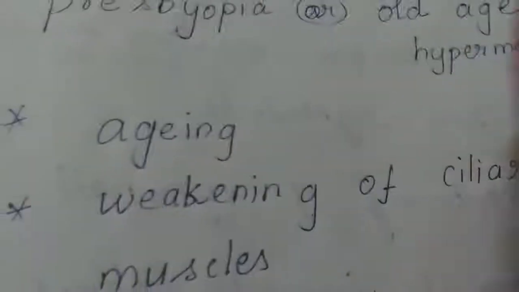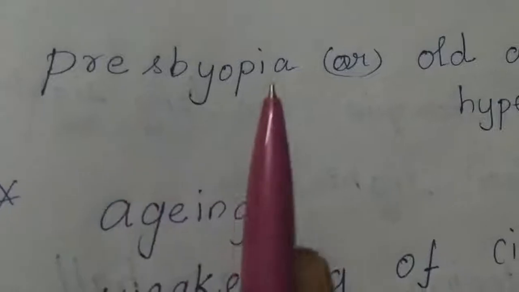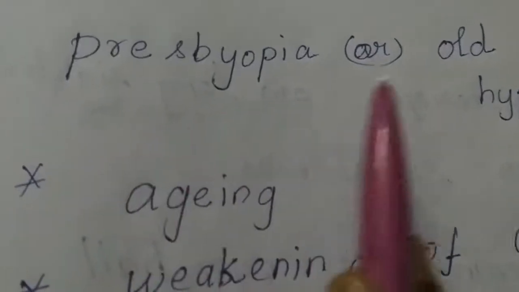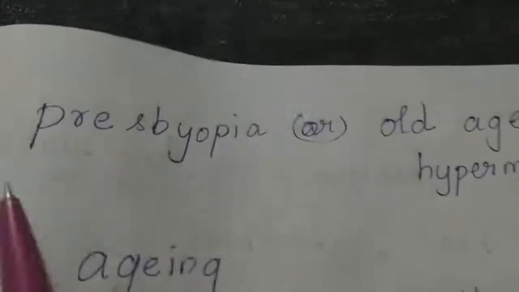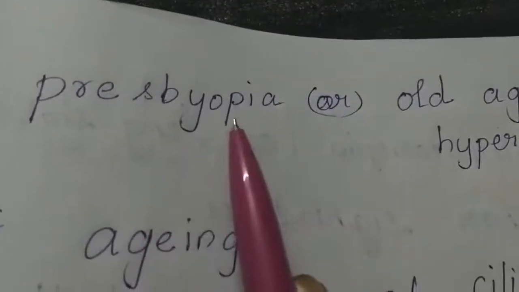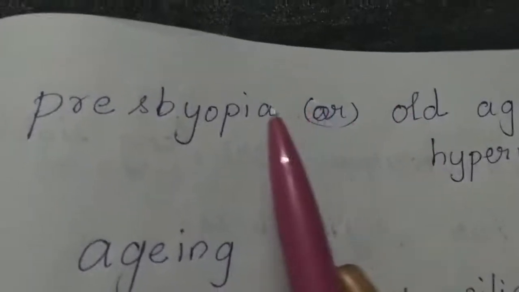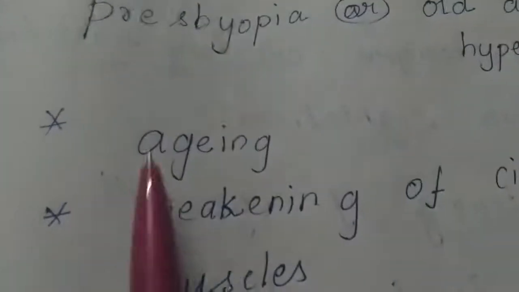The third defect is presbyopia, or old age hypermetropia. This presbyopia is caused due to age factor. The person affected by presbyopia cannot see nearer objects as well as distant objects.